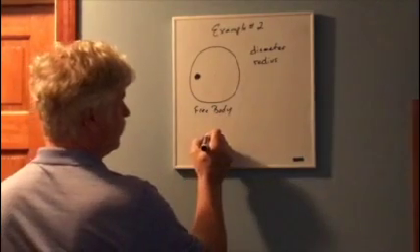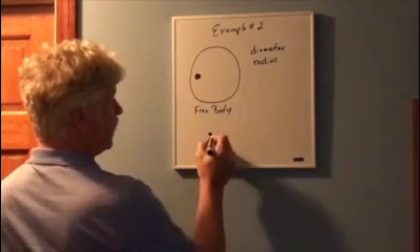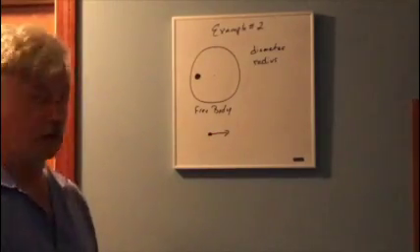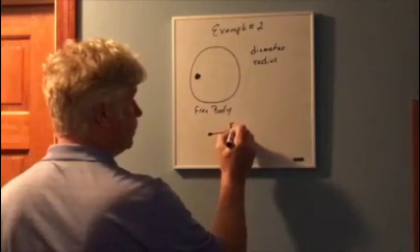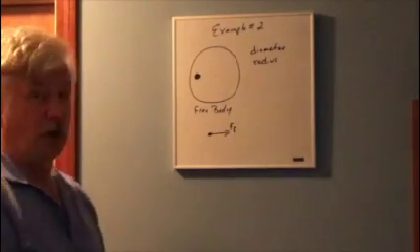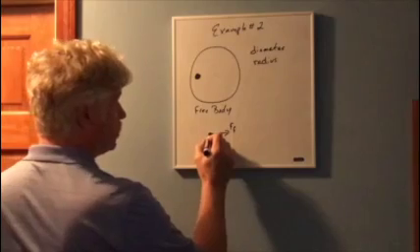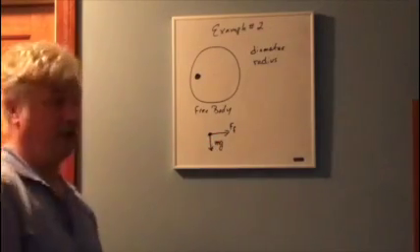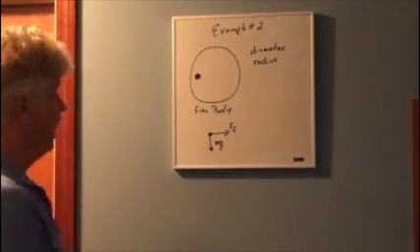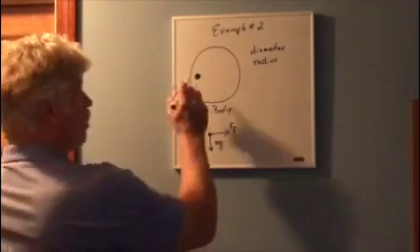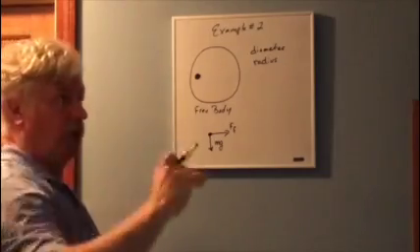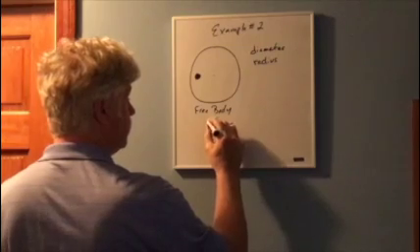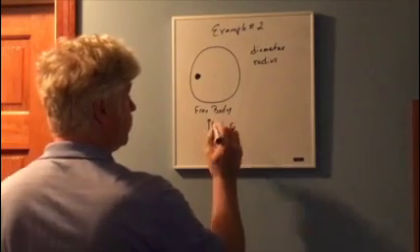Here's my coin, and there's going to be a force going in that direction, which is going to be the force of friction. Well, we've had that before. We have a force going down, which will be mass times gravity, mg, and the object is not going anywhere up and down, so there has to be a force going in the other direction, which would be the normal force.